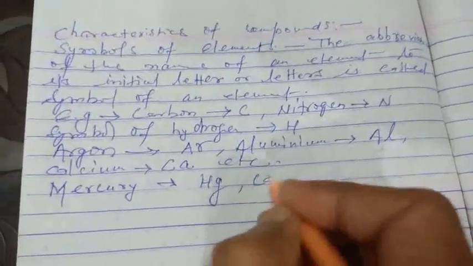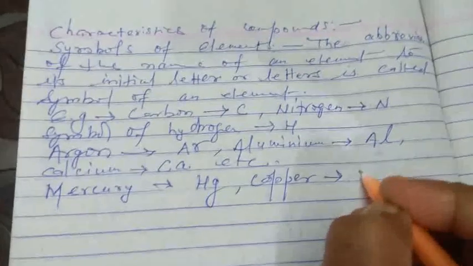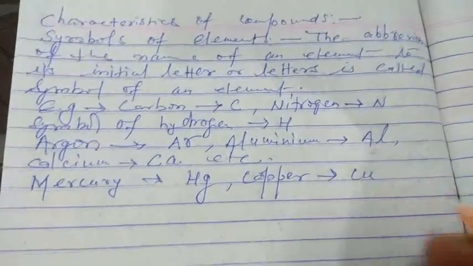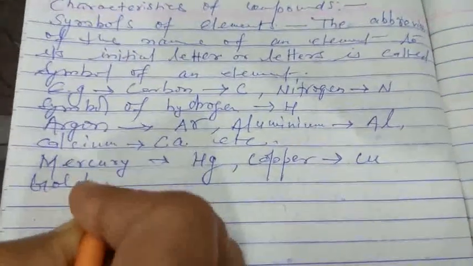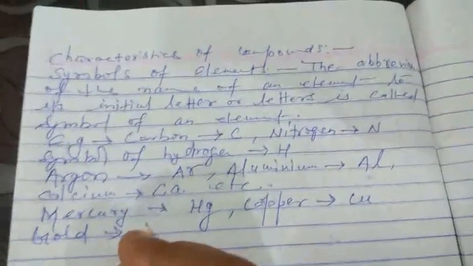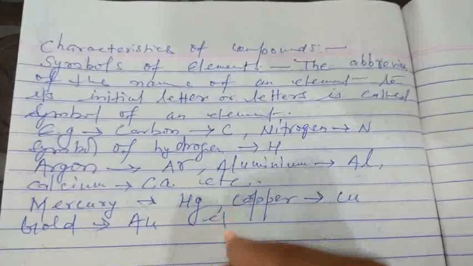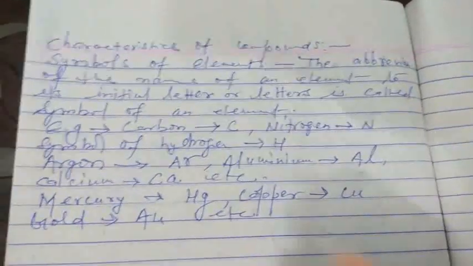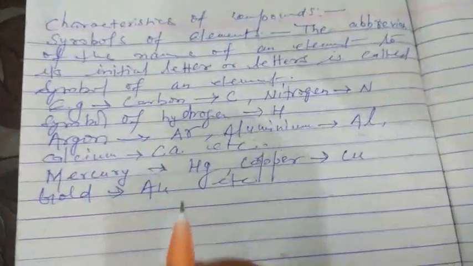Similarly, copper, Cu, Latin name cuprum. Gold, Au, Latin name aurum, etc. And some elements have their symbols with their first letter followed by a small letter of a strong sound.